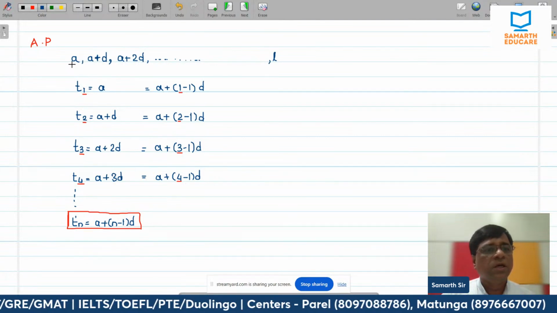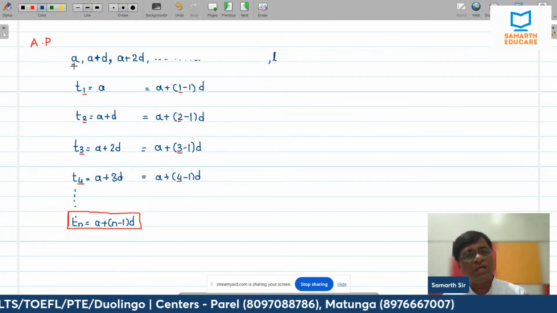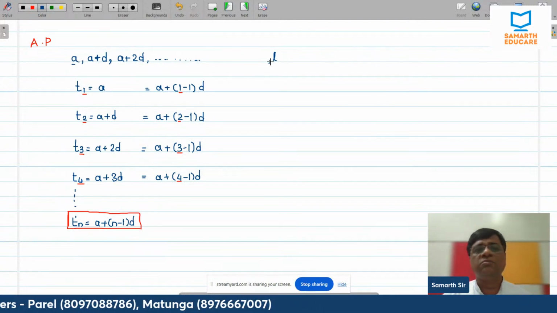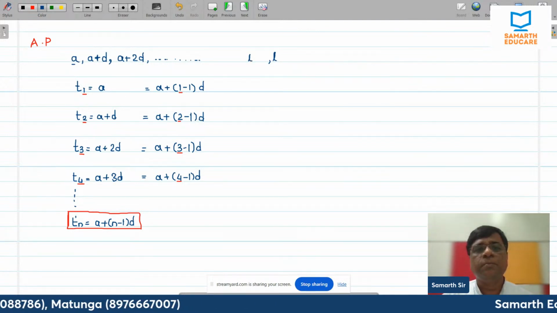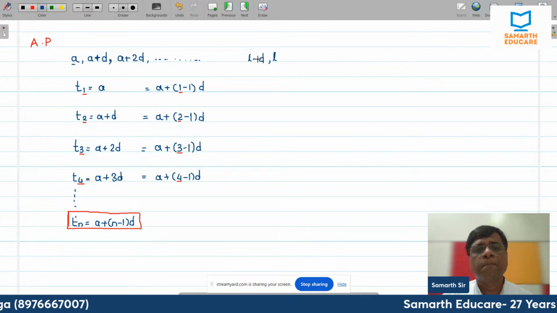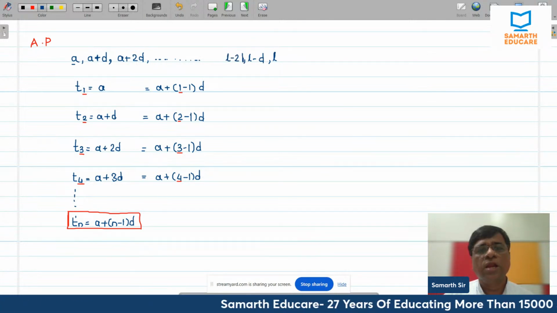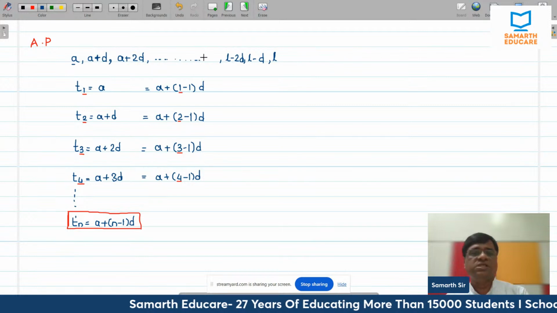Now see here, for the term after A, you are adding D. Naturally, if you want the previous term, you will be subtracting D. If you want the term before that, it is L minus 2D, and so on.